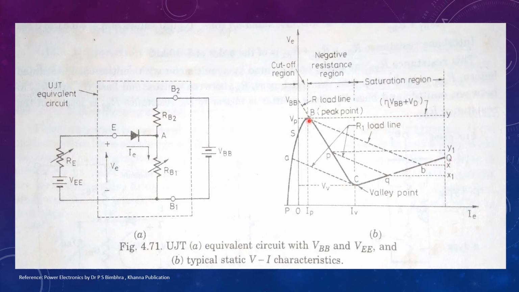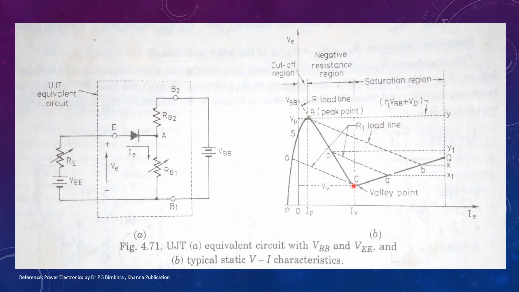Between points B and C, as the emitter voltage falls, the current increases. Therefore, UJT exhibits negative resistance between these 2 points. The negative resistance region BC between the peak and valley points gives the UJT the switching characteristics for use in SCR triggering circuits.